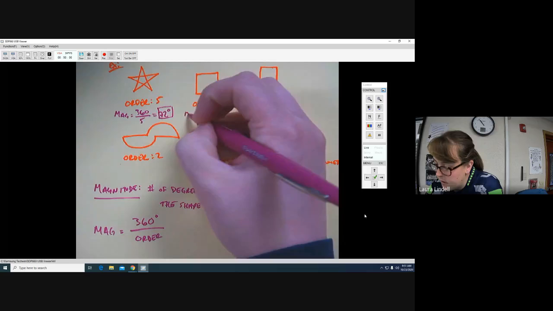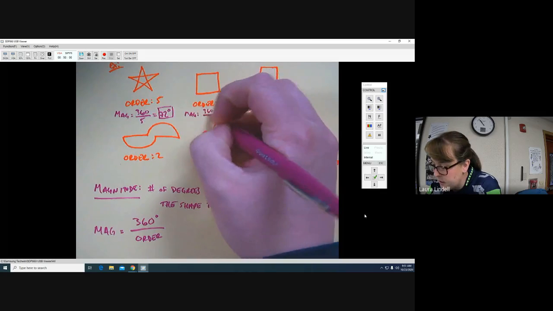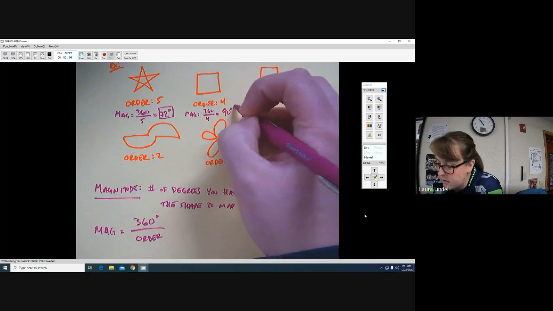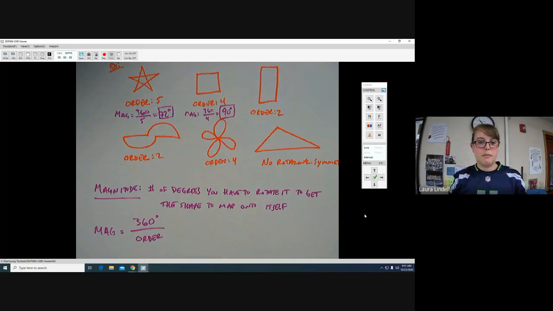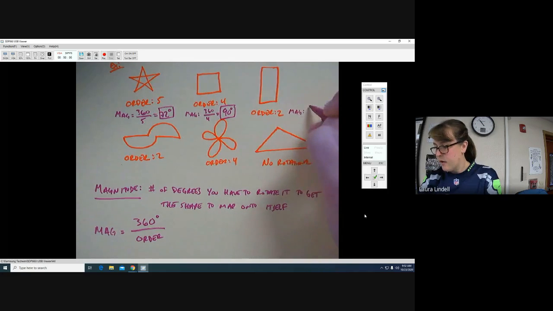For this one, it was 360 divided by 4 then, which is 90. So for a square, each time I rotate it 90, it would map on top of itself. For the rectangle, 360 divided by 2, which is 180.